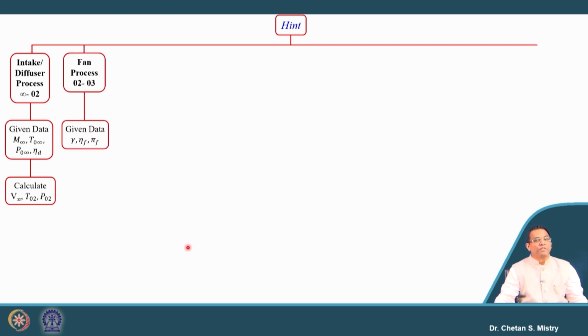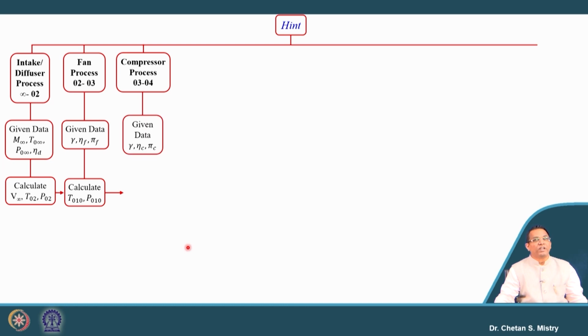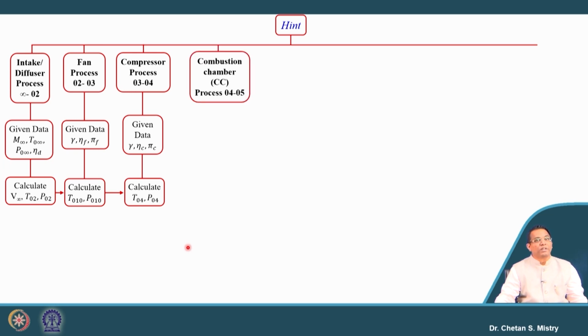The next component we have is the fan. For the fan, pressure ratio and efficiency are given, so you can calculate the exit condition from the fan. Then we have the compression process, and for that the compressor efficiency and pressure ratio are given to us. So, we can calculate the exit temperature and exit pressure from the compressor.